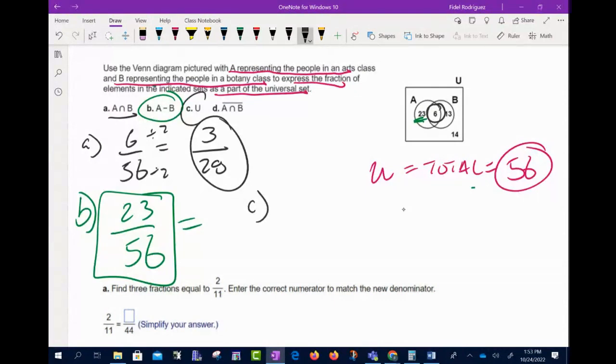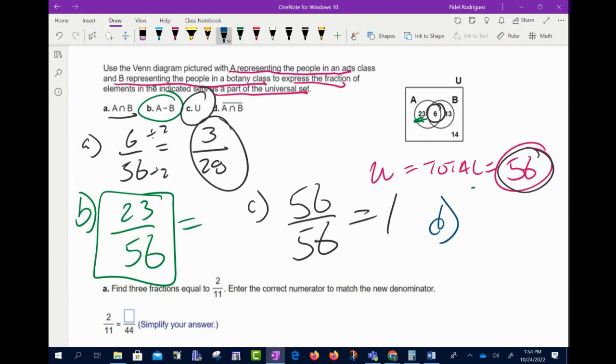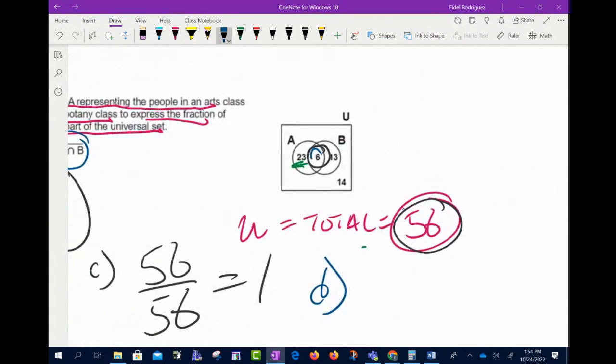Part C says, let's take everybody in the universal set. How many is that? 56. Out of how much? 56. There's my 1. Okay, and then there is a part D. Now again, y'all, I know it's been a long time since we talked about Venn diagrams. That was probably in chapter 2. Okay, so this one right here says, let's look at the numbers in A intersection B. That was the number 6. We want all the numbers except for 6.